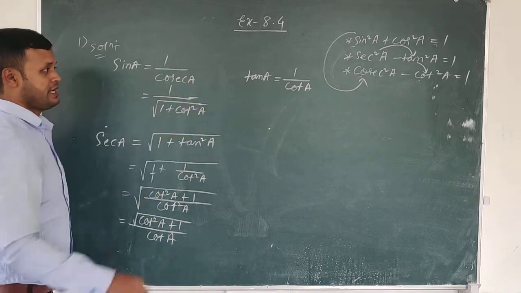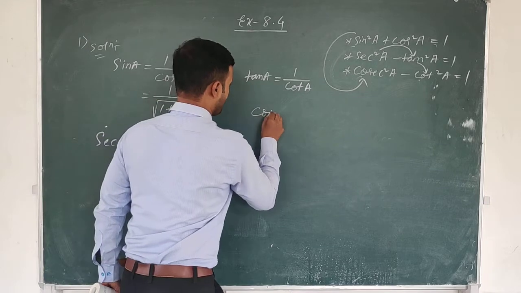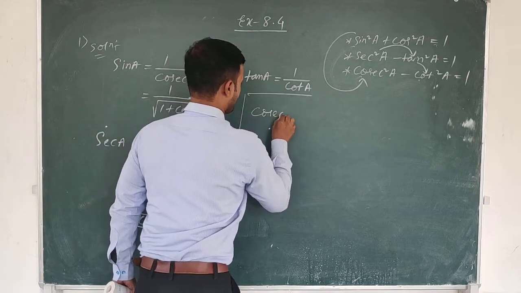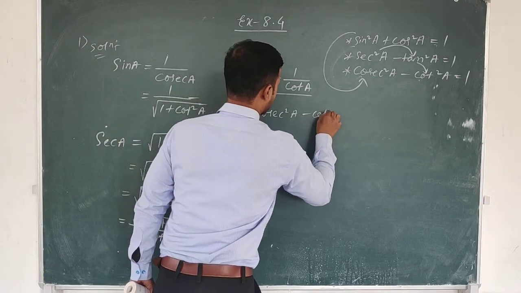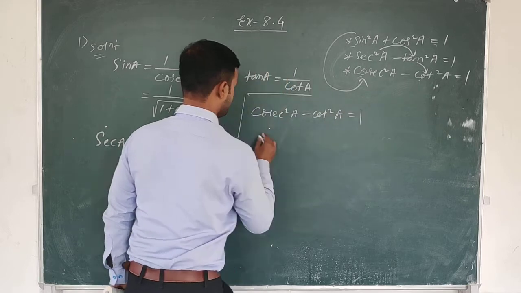In case of cosec A, now you see cosec square A minus cot square A is equal to 1, isn't it?